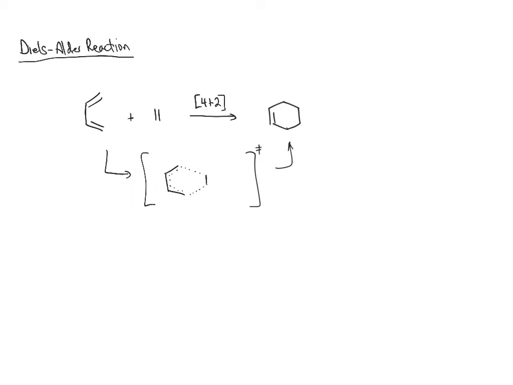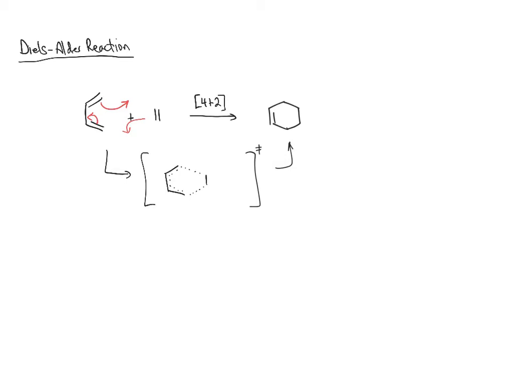And so the set of arrows that we can draw here involve the formation of a new sigma bond between the diene and the double bond, and another sigma bond forms, and then we form another pi bond here. So there's a net circular flow of electrons to make these six-membered rings. So remember that for cycloadditions, there's this concerted movement of electrons in the transition state, such that these bonds are forming and breaking at the same time.